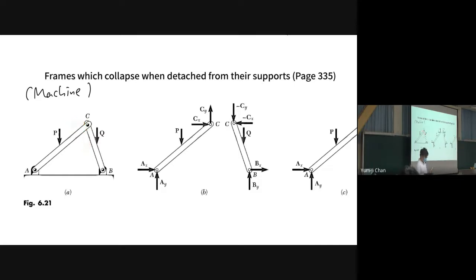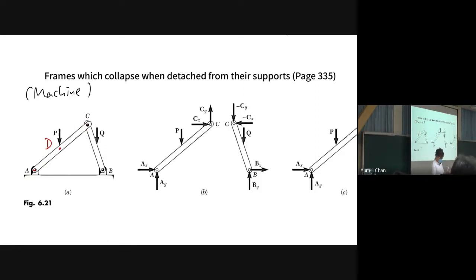And then we have P acting somewhere in the middle. So external forces act on point A, point C, and the point in the middle, let's say point D here.